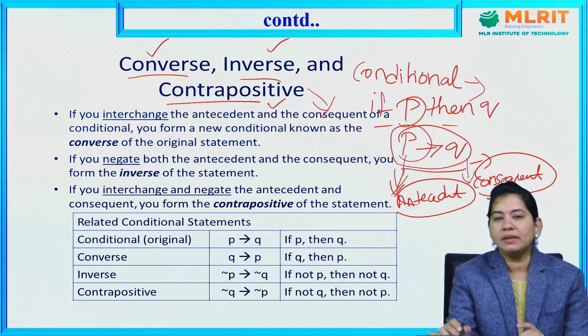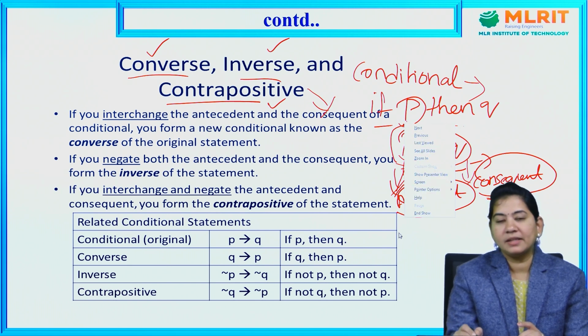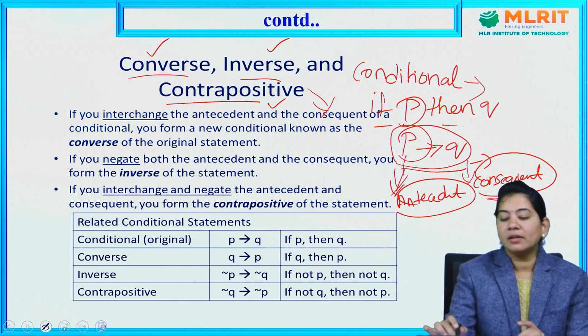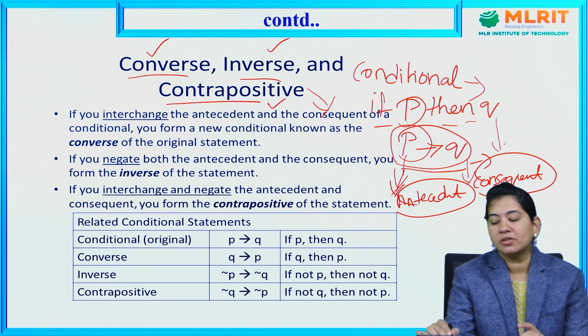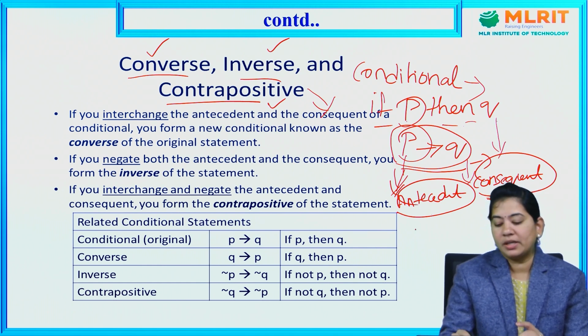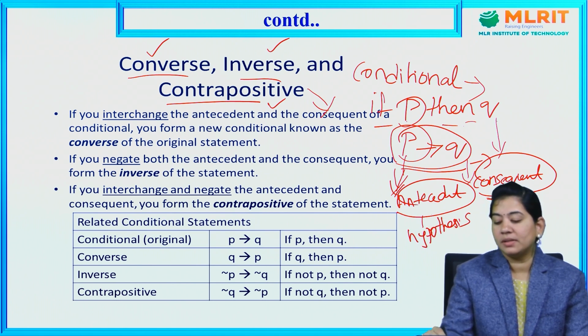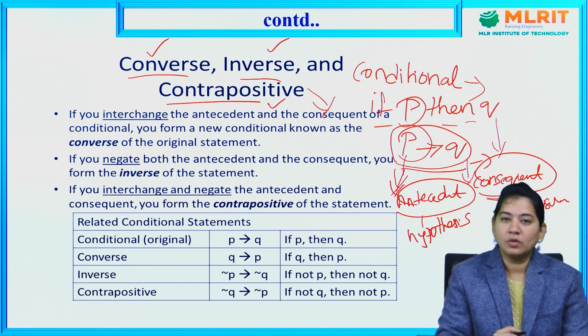So in if P then Q, before then you have the P statement, which is the antecedent, and after then you have the Q statement, which is the consequent. The other names for antecedent and consequent are hypothesis and conclusion.